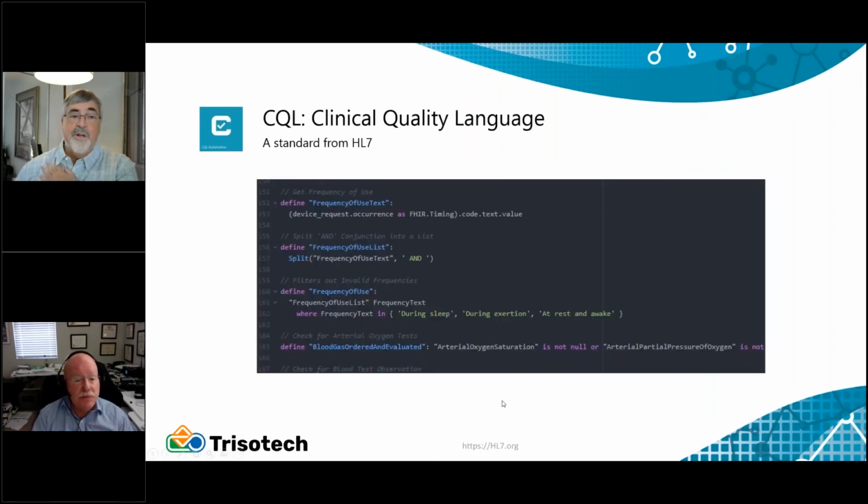So this is where we start introducing another standard, this one provided by HL7 called the Clinical Quality Language. With the Clinical Quality Language, we can express some clinical measures that we want to take as part of the automation. The Clinical Quality Language is a little bit more of a literal type of language that is quite easy to read to understand what's going on.